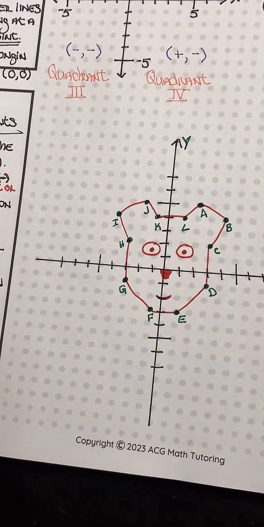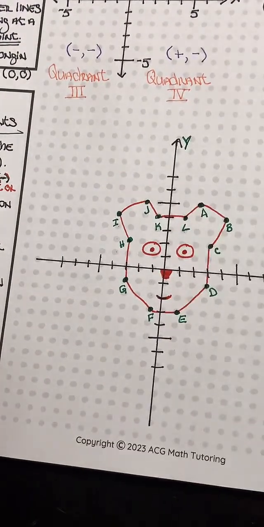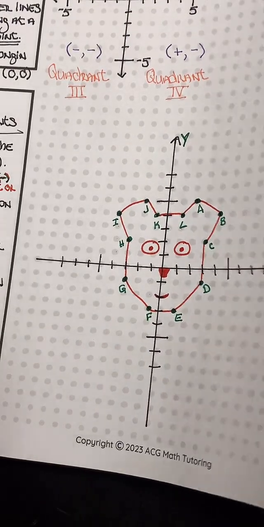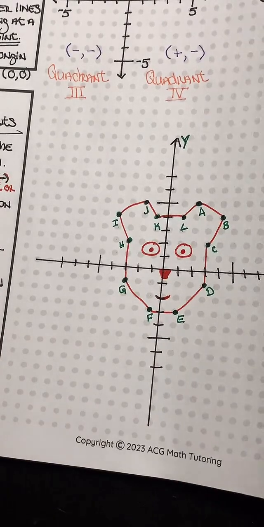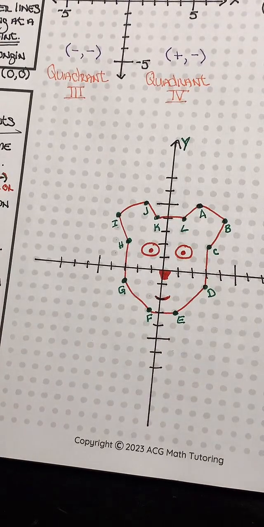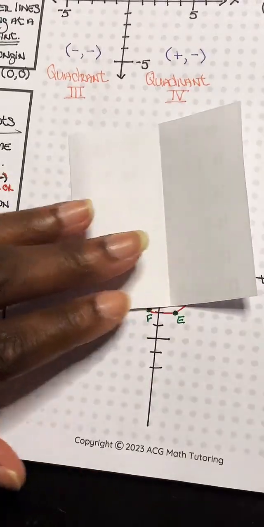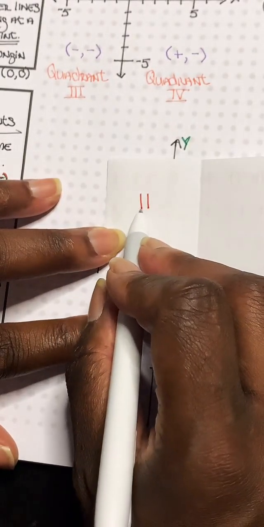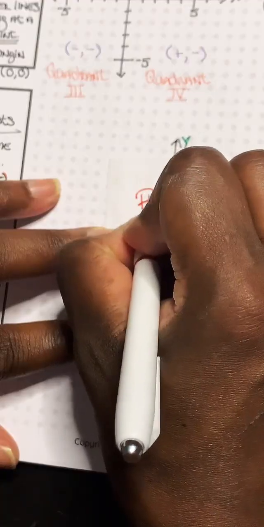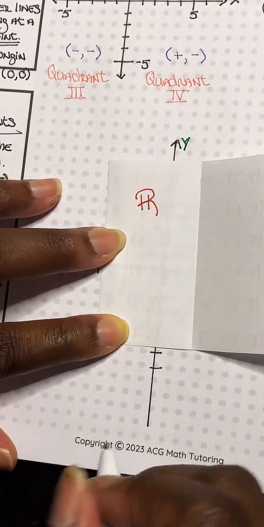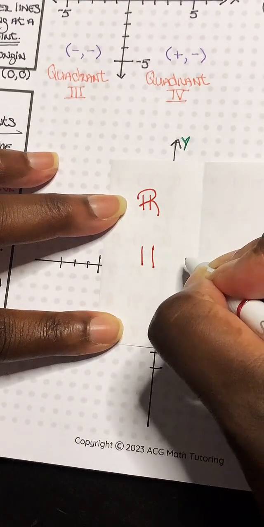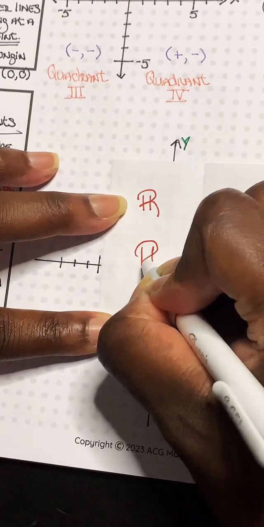Yep. And your domain is always your x, the set of your x values, and your range is the set of your y values. But you're basically going to have all real numbers the whole entire time. And the symbol for all real numbers, you can do it one of two ways. You can use the double-struck capital R, so you have two sticks and then write a capital R around it.